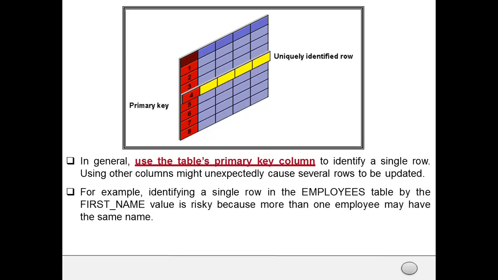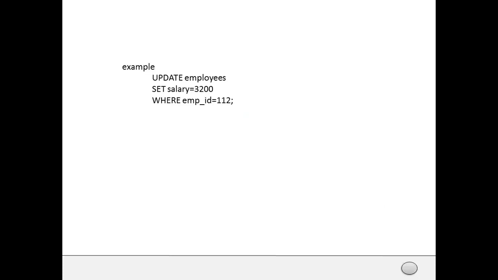If you update using the first name, two persons may have the name Tom. So if we update the details of one person named Tom, the other person's details also get updated. That's why we should always prefer the primary key for updating.